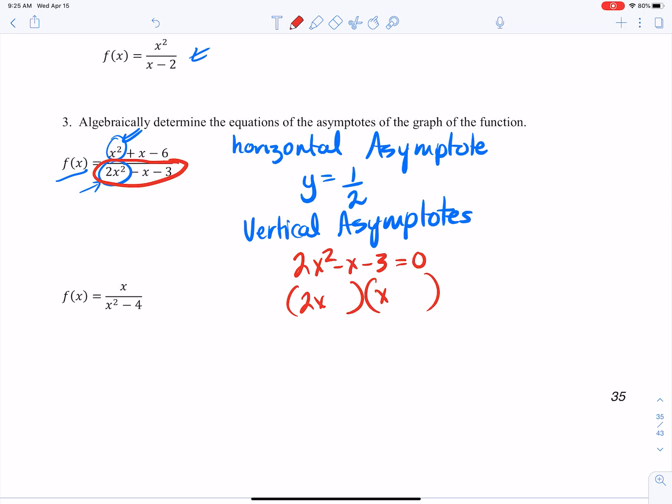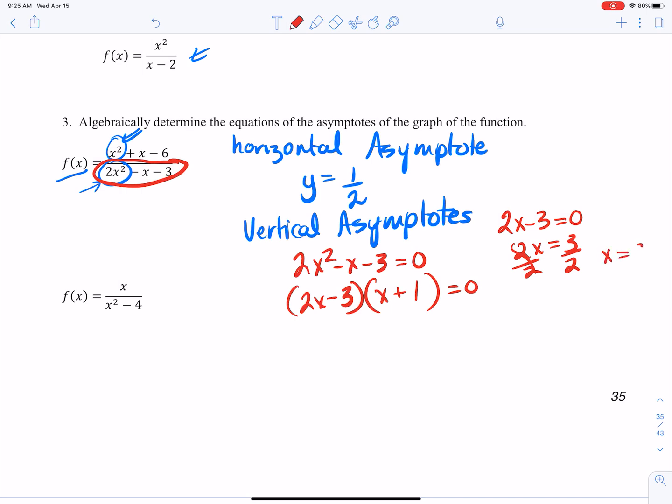Plus, minus, and I'm going to say that this is going to be 3, and this is going to be 1. 2x squared minus 3x plus 2x minus 3. Yep, got it. So my non-permissible value is going to be x = 3/2.